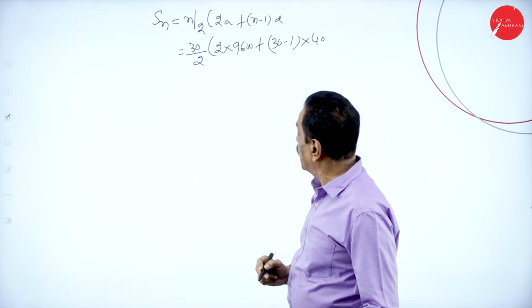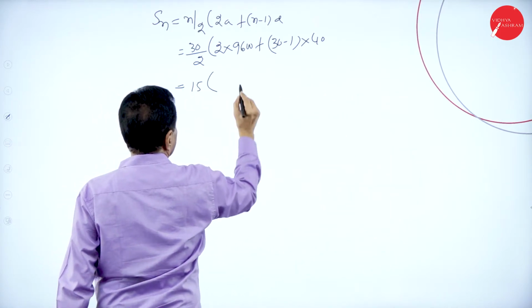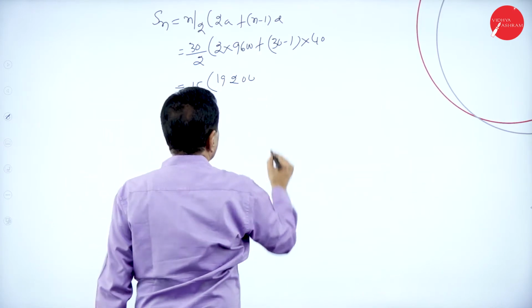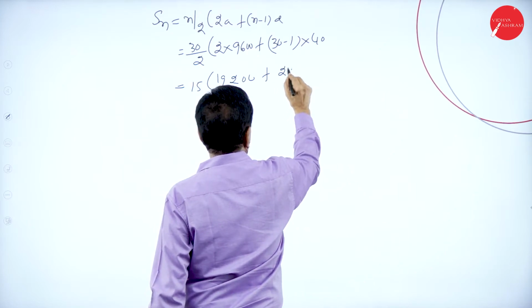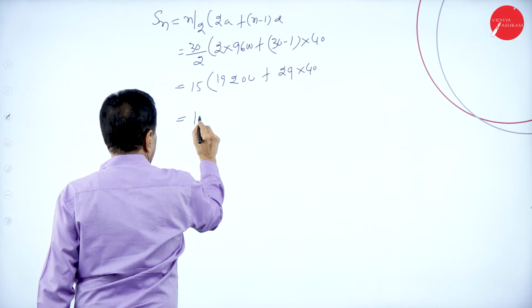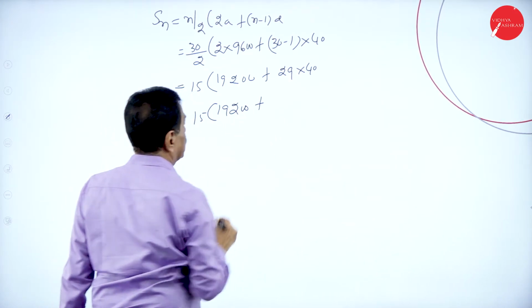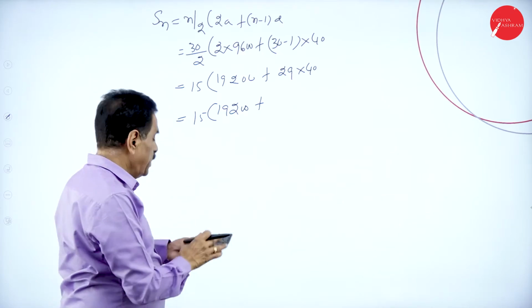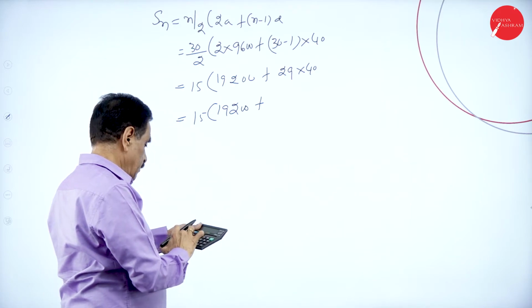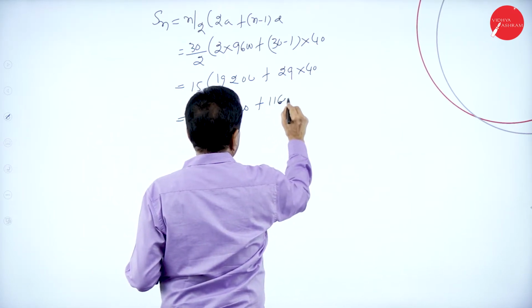So 30 by 2 into 2 into 9,600, that is 19,200, plus 29 into 40, which is 1,160.